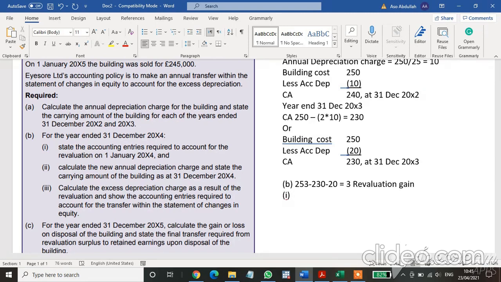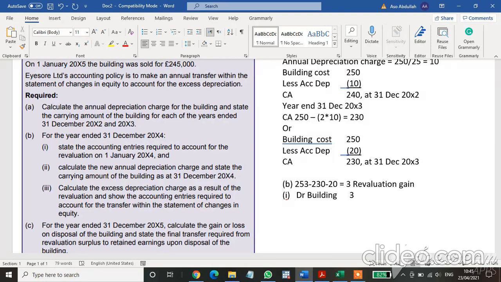We can say this 3,000 is a gain, it is added to the value of the building. So we debit building, because building is an asset at debit, which is 3,000. This is 3,000 on the debit side.